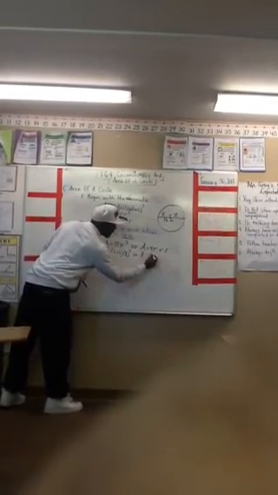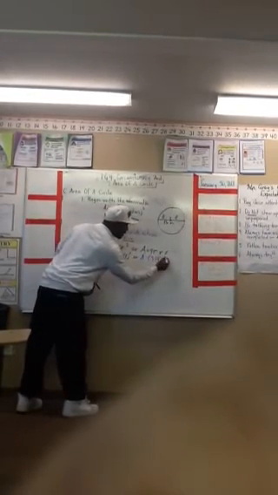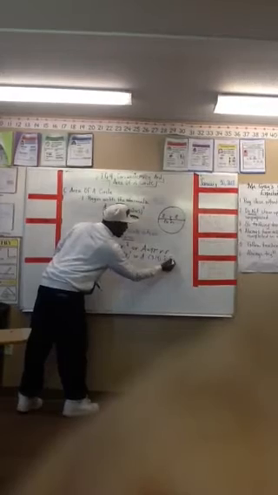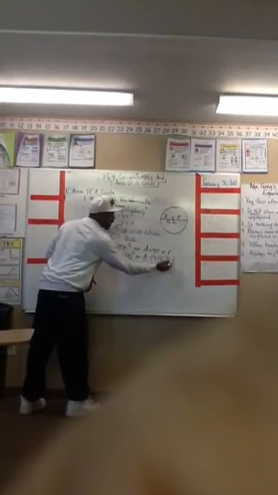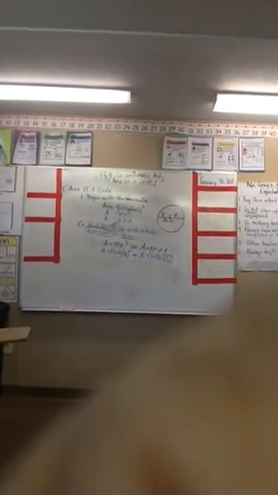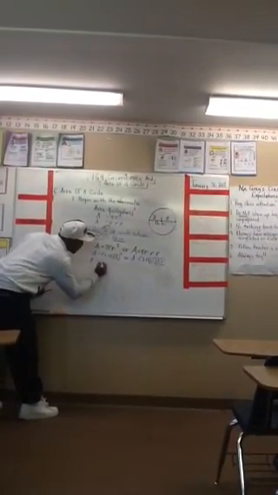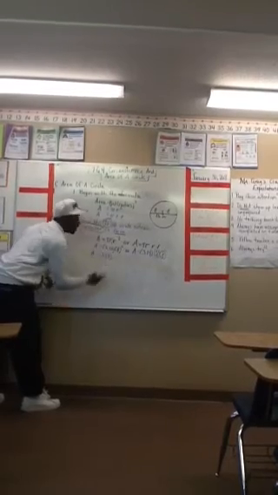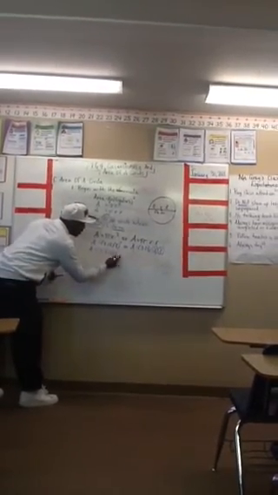If I wanted to write it like this, pi doesn't change, but I can do radius times radius. Do I have to put those dots? No, I can write it inside parentheses, which is really the way you need to write it. And then what would I do? Multiply. A equals 3.14 times 8 squared, which is 8 times 8, which is 64.